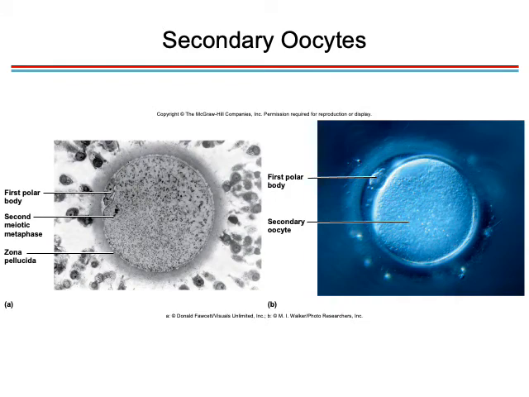Again, this is just showing you a picture of a secondary oocyte that has been pulled out of the secondary follicle. And you'll see the polar body, which was that second cell that was produced, but it degenerates.